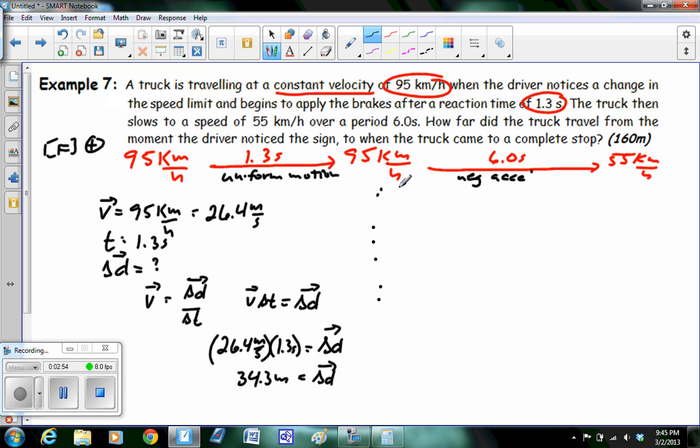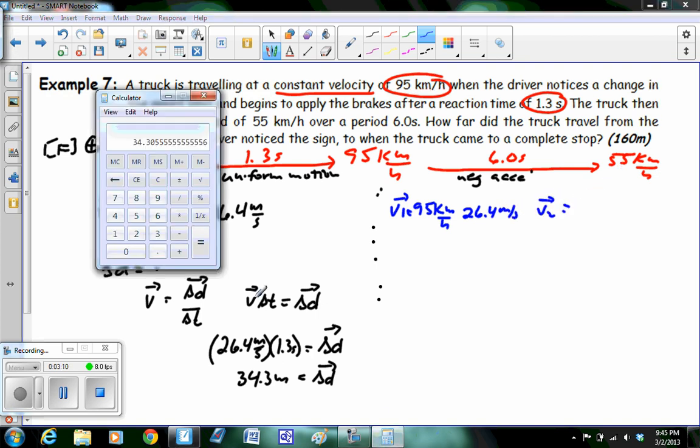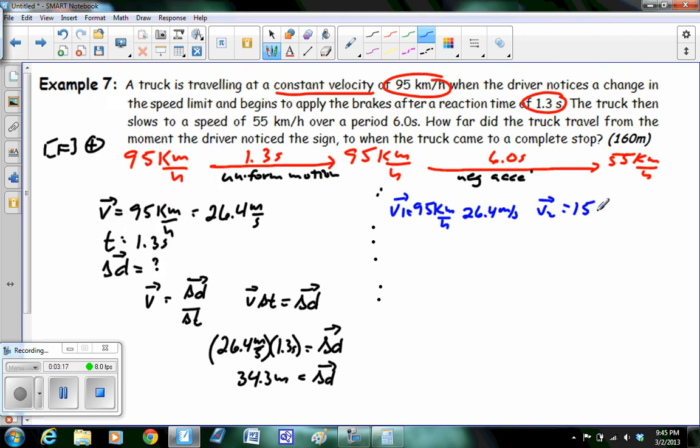Okay, so for the second part of motion, what we have here is we're starting with 95 kilometers an hour, or 26.4 meters per second, and we're going to end up at 55 kilometers an hour, or 15.3 meters per second.